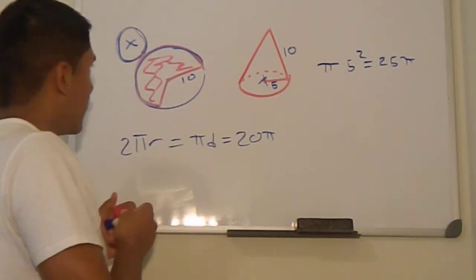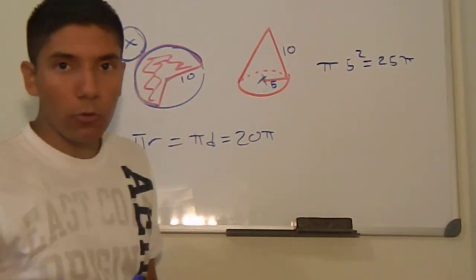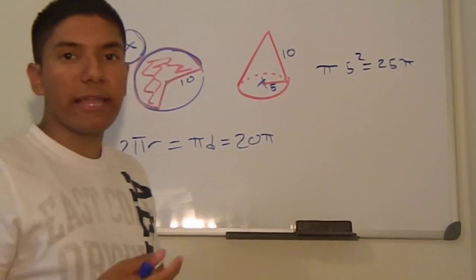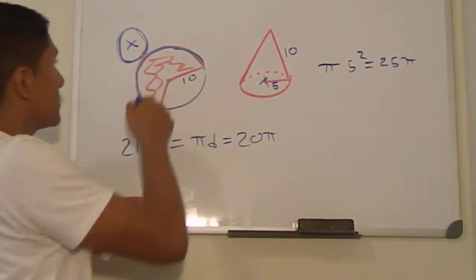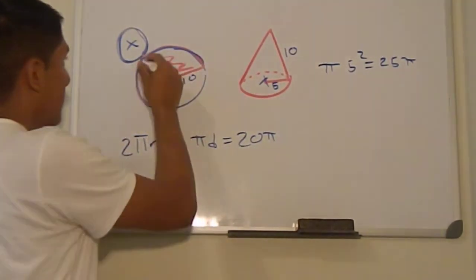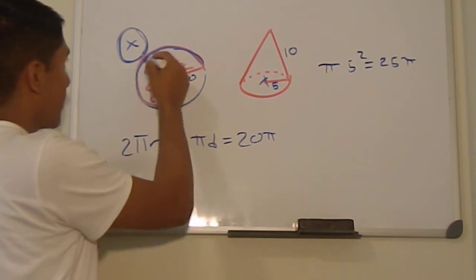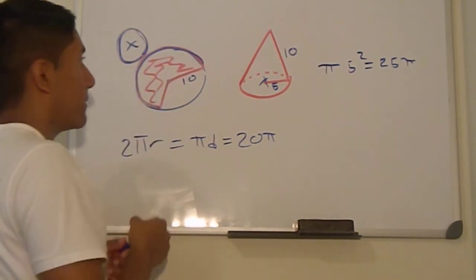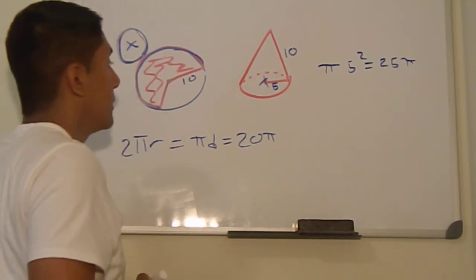If not, you could probably go on Google, type up surface area of a cone, print one out and fold it up, and you'll see that this length here is just the circumference of the base circle.